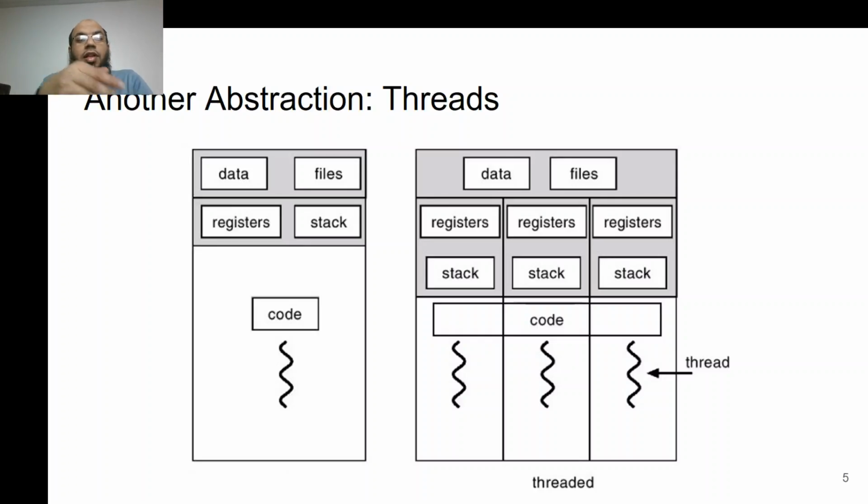One process can be multiple threads, basically doing multiple things. This is a bit different philosophically speaking, because the implementation in real life is quite different. We'll cover a bit about that.